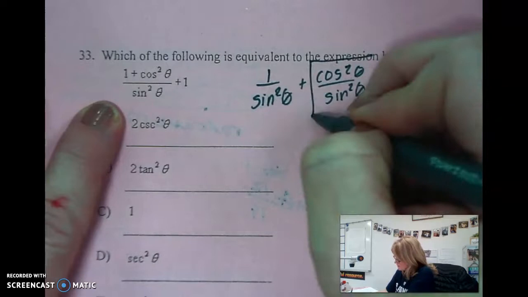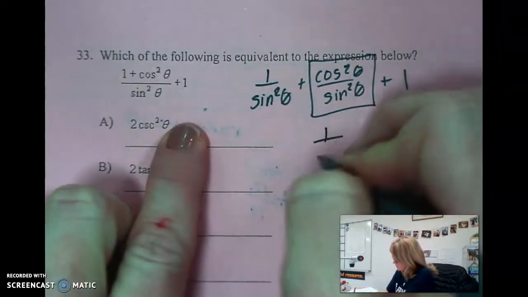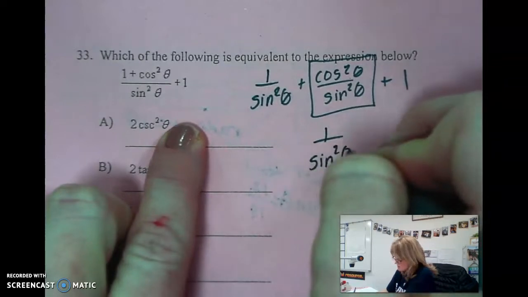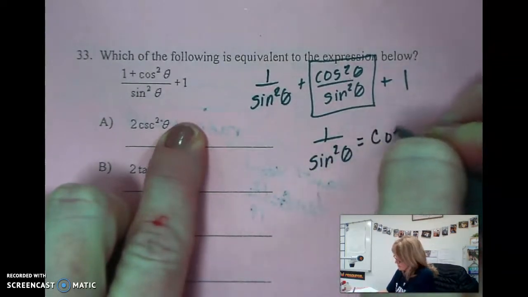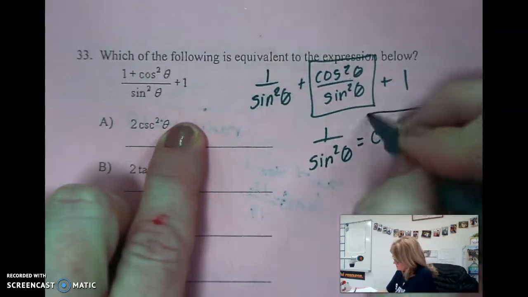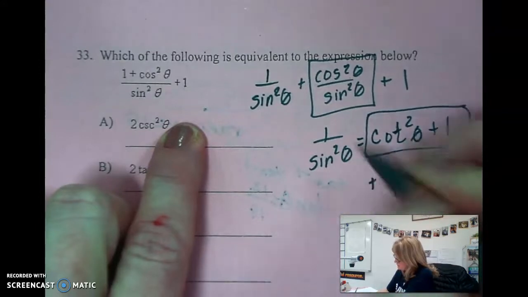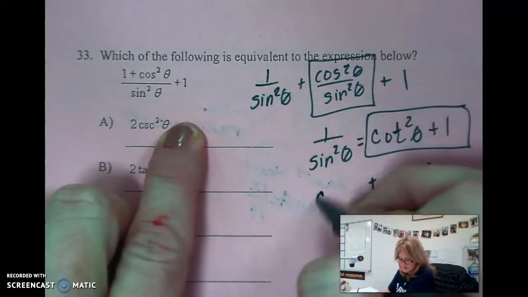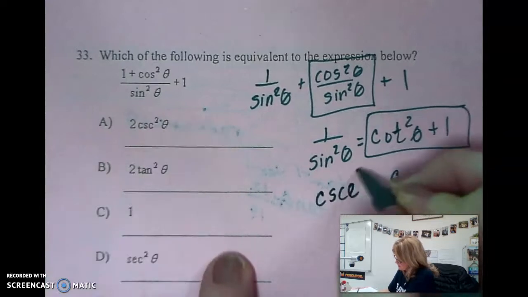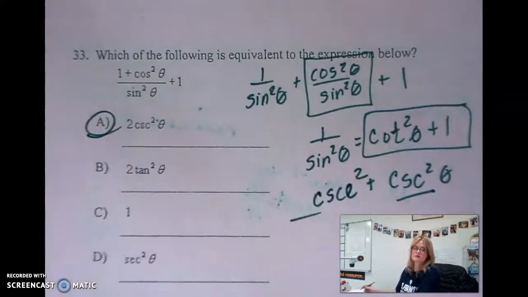We know that this is the same as cotangent. So now I have 1 plus cotangent squared of x. I know that this is the same as cosecant. And I know that 1 over the sine is also the same as cosecant. So what do I have? 2 cosecant squared of x's.